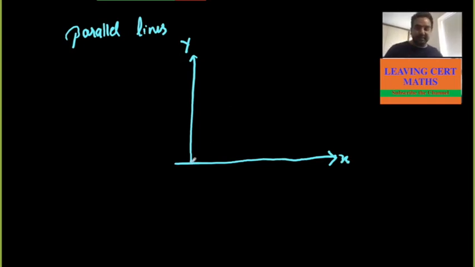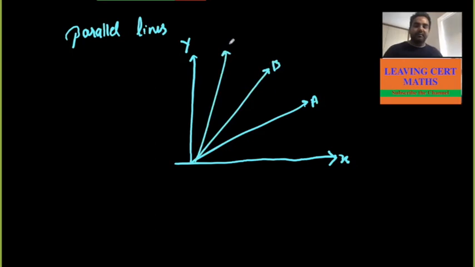Okay, let's say this is A, this is B, and this is C. Which one has more inclination? C, because this is making more angle with the positive x-axis. So our reference is the x-axis. More inclination means more slope, right?